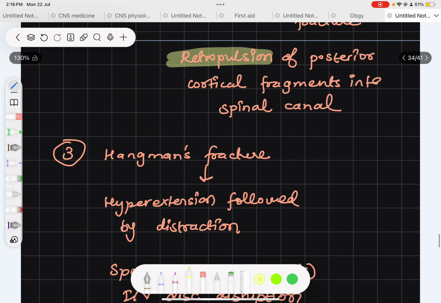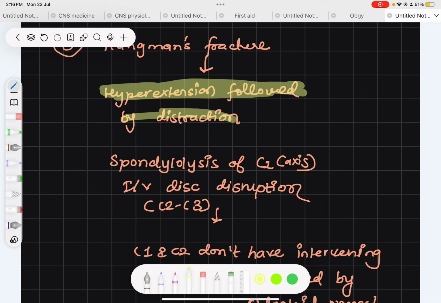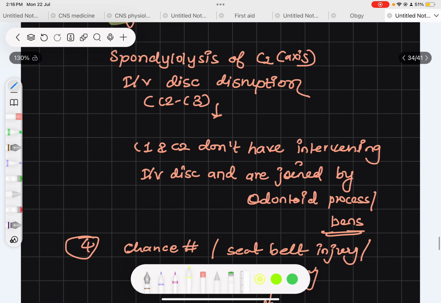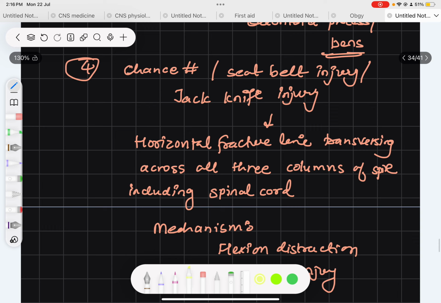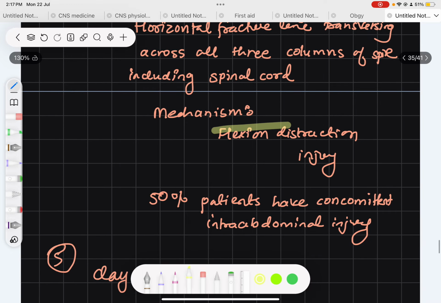Okay, now the hangman fracture. So hyperextension followed by distraction. In hangman fracture, hyperextension will happen, while in the chance fracture or seat belt injury, jackknife injury, there will be flexion distraction.